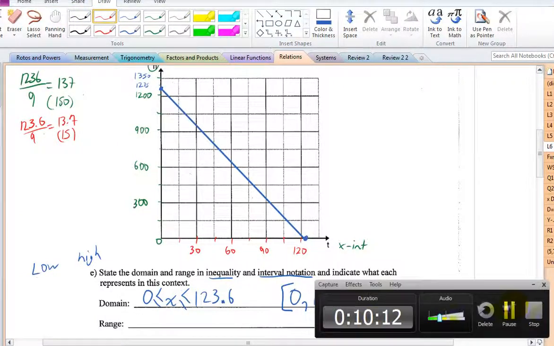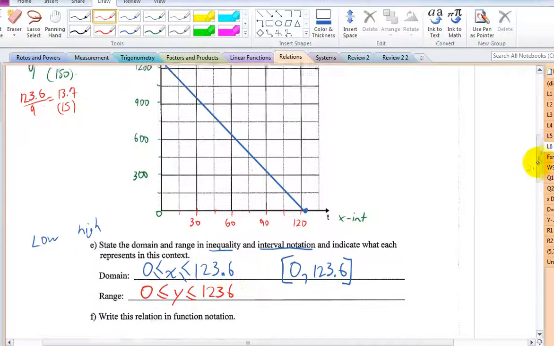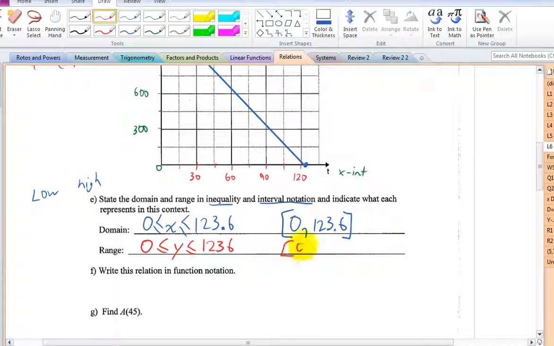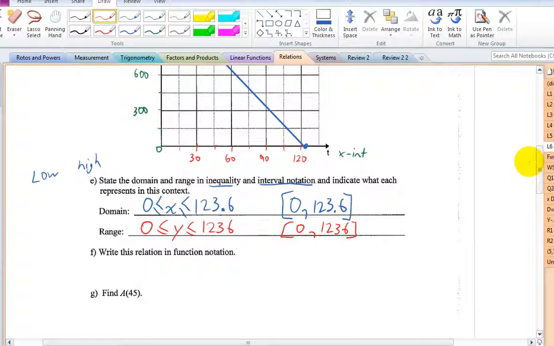Okay, so for y, the low value is 0, and y is in between 0 and 1236. For the interval notation, you use square brackets, same numbers. Now, if that was discrete data, if those are just graph points, then we just list the values. But it's not. They're specific values, a start and a finish, and they're continuous.